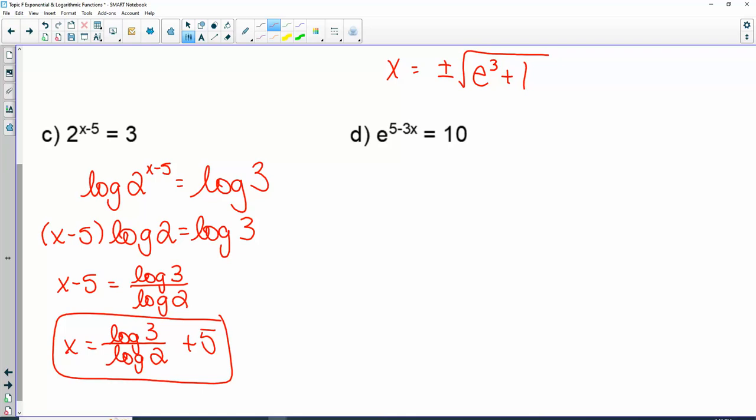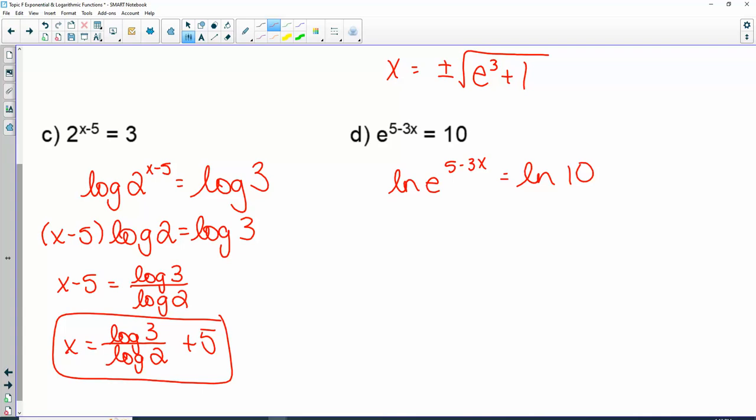Final one of the day. It's the same idea, but a natural log would probably be nicer here, because a natural log and an e have the same base. What happens then?